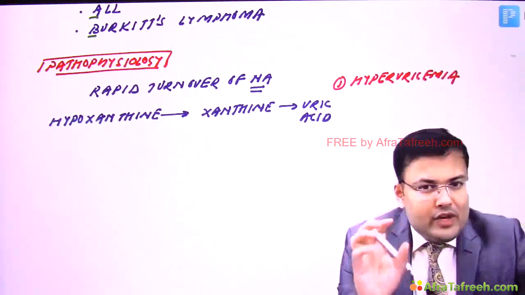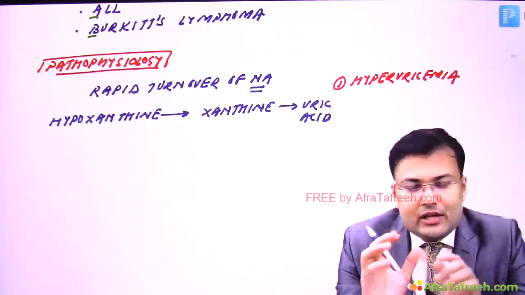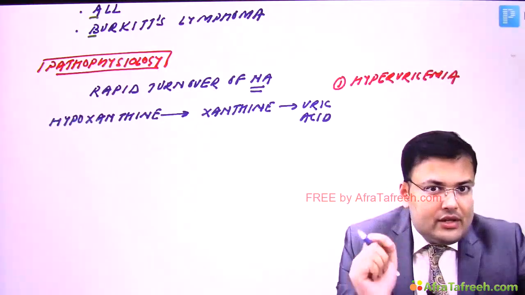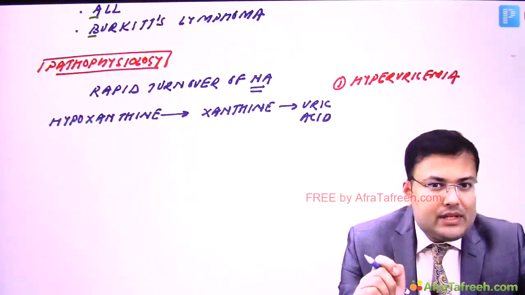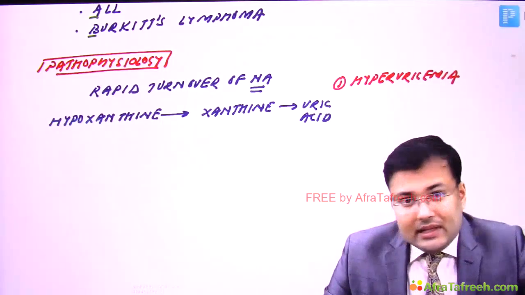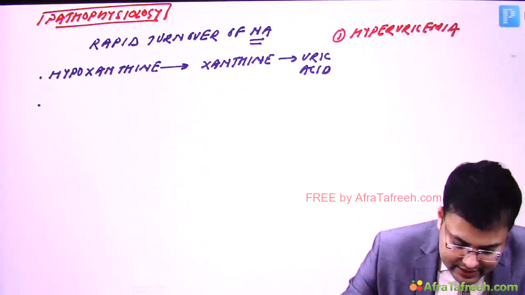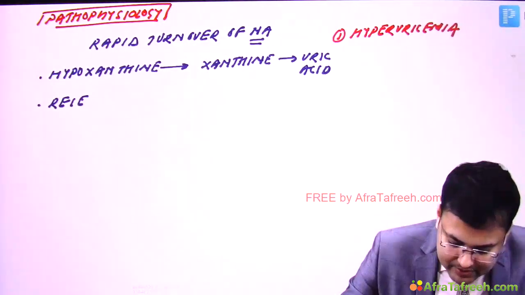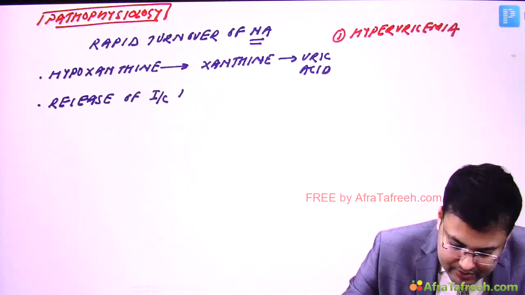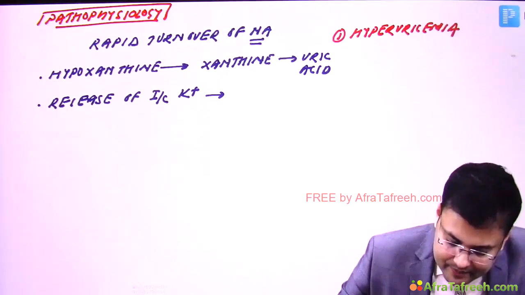Second problem, whenever there is destruction of a large number of cells, there is release of intracellular potassium, and because of that these patients will have hyperkalemia, and you know, because of this hyperkalemia there is increased risk of arrhythmia.